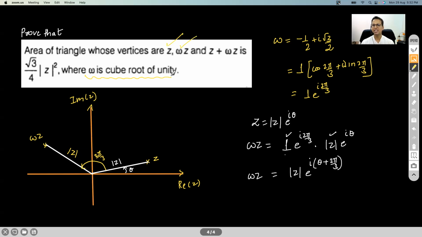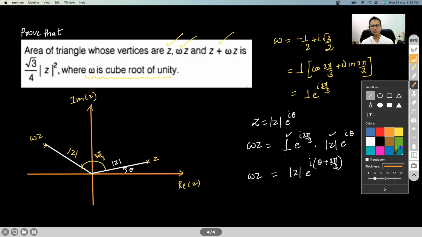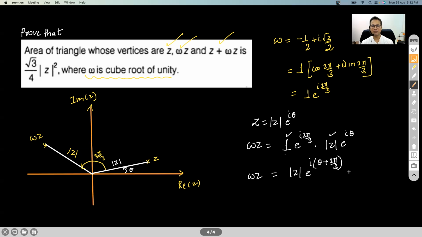Now, we have already located, of course, z, we had to choose one z. So we have already located omega z with respect to that z. Now, where will be z plus omega z? Can I locate that also? Now, that is pretty simple. What do you do to find out the sum of two complex numbers? Right, you complete a parallelogram. Absolutely right. We complete a parallelogram, and this is where your z plus omega z will be lying.